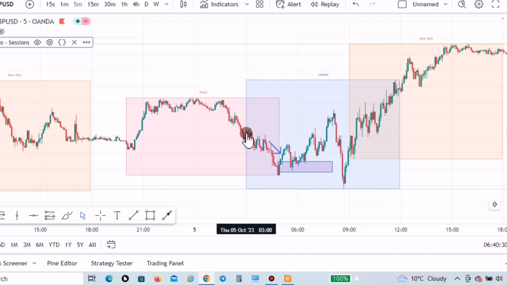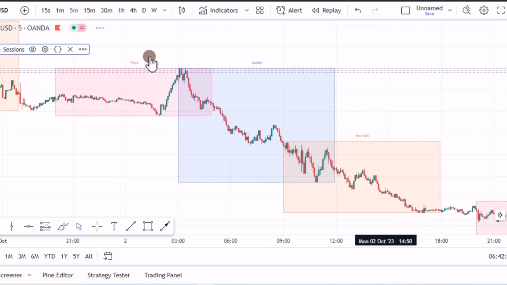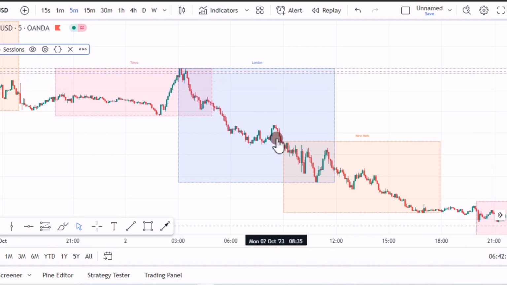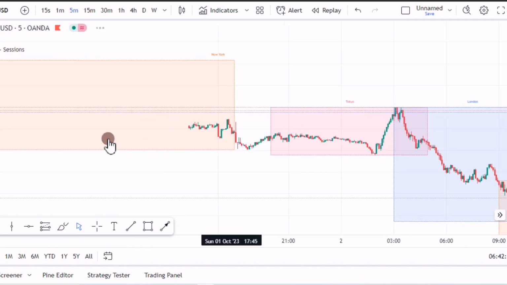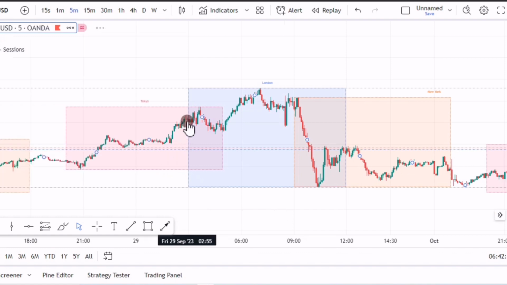But always increase your risk after losing. It is very unlikely that you lose in all three places. Okay, you won there, and you could have won there. So that was a great day. Opening of London was a bad trade. Closing of Tokyo didn't move that much, but the opening of New York, it dropped really big.